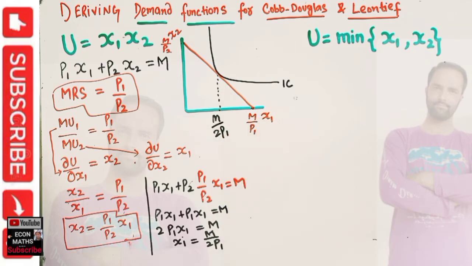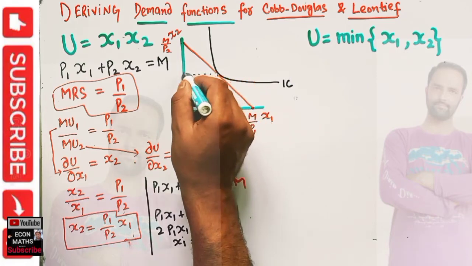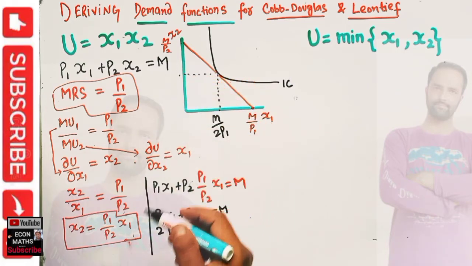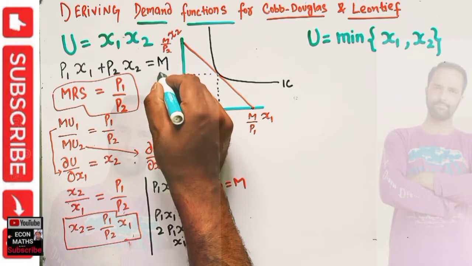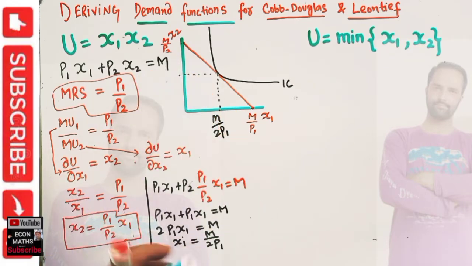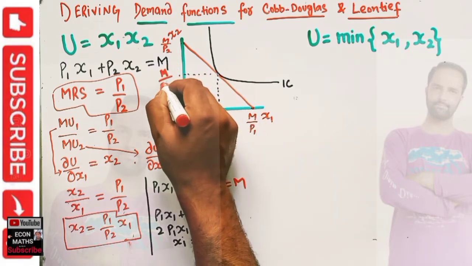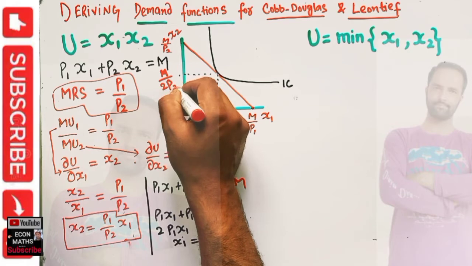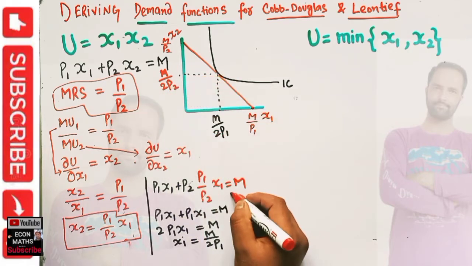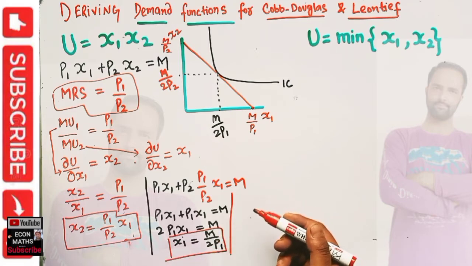Symmetrically, we can show that the demand for good x2 will be equal to m upon twice p2. You can just plug this again into the budget constraint to get the value.